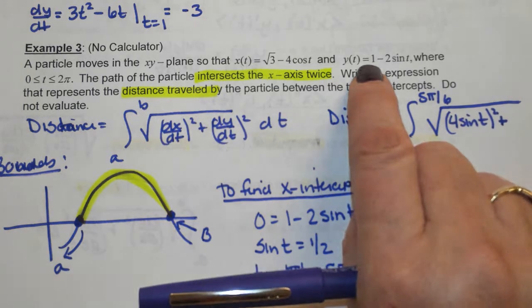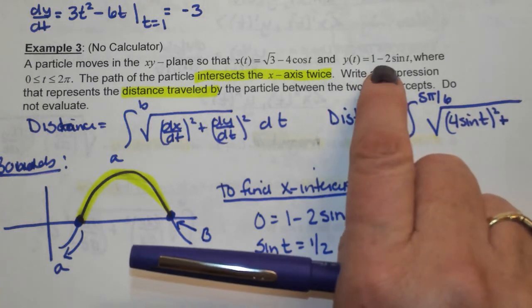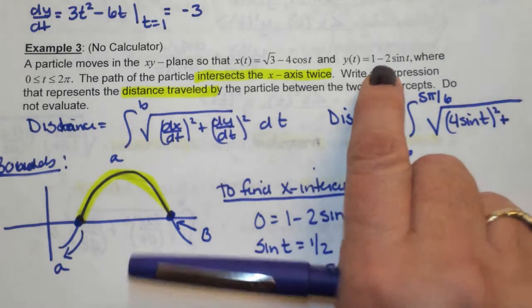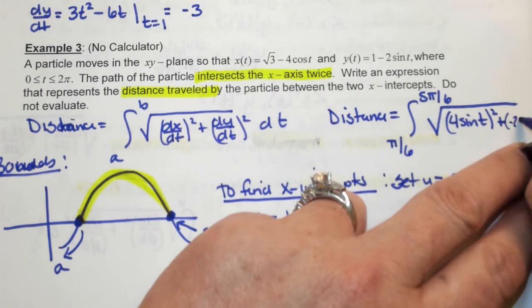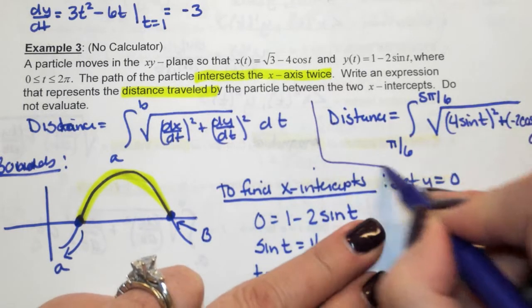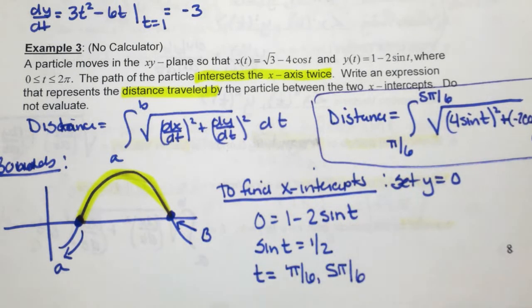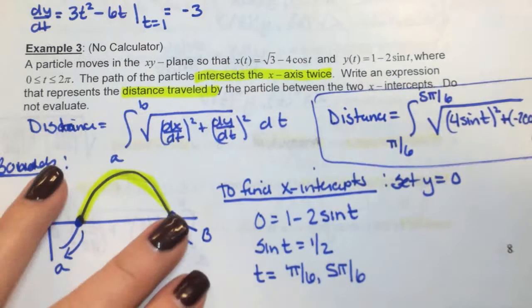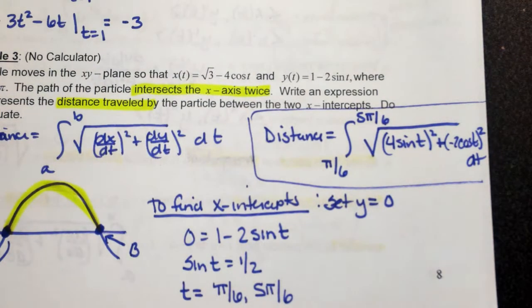I know the derivative of 1 is 0. What's the derivative of negative 2 sine t? Negative 2 cosine t, squared, dt. Okay. Any questions? Again, they don't want you to solve it, they just want you to set up your integral. Any questions on how, if they're not giving you the bounds, we have to calculate those?